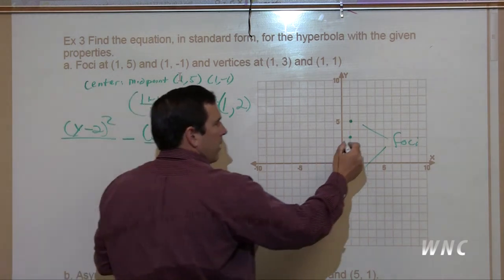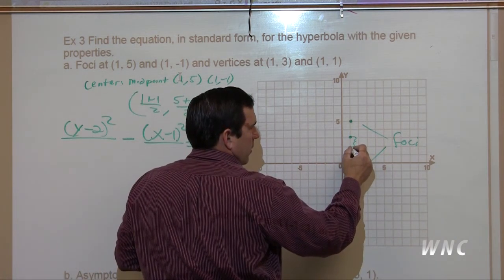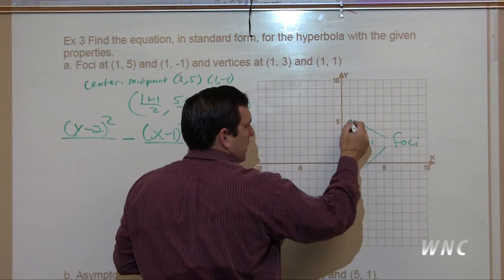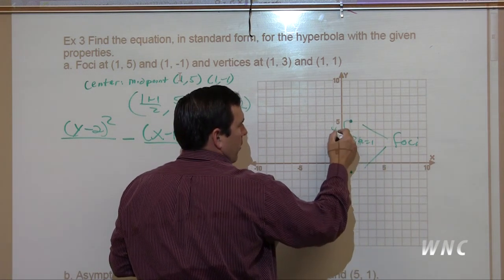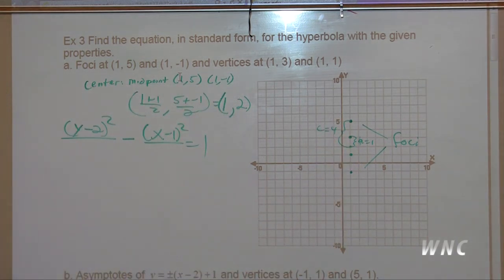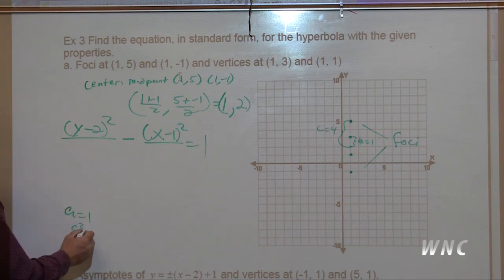That means our a is 1. And our c is 4. So if a is 1, a squared is 1, so we're good with that.